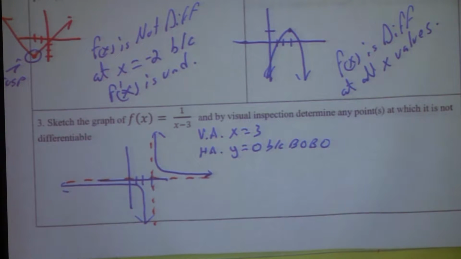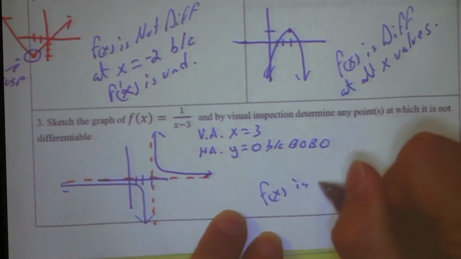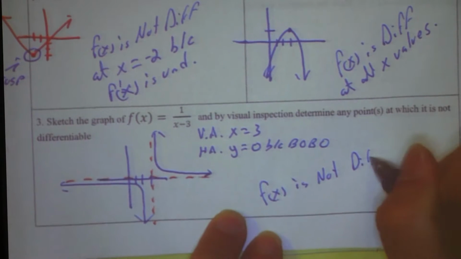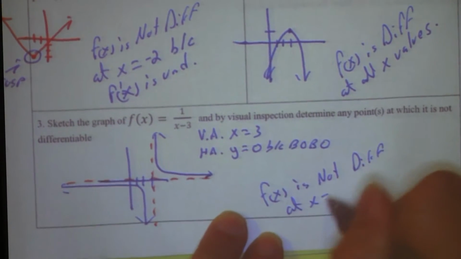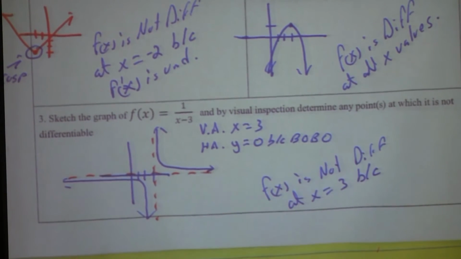Alright, anyways. So, looking at this graph, where would you say it is not differentiable at? So, you're going to say f of x is not differentiable at x equals 3. We have to say why. You can't just tell me that it ain't there. You gotta give me that y, girl. What's the y in this case?